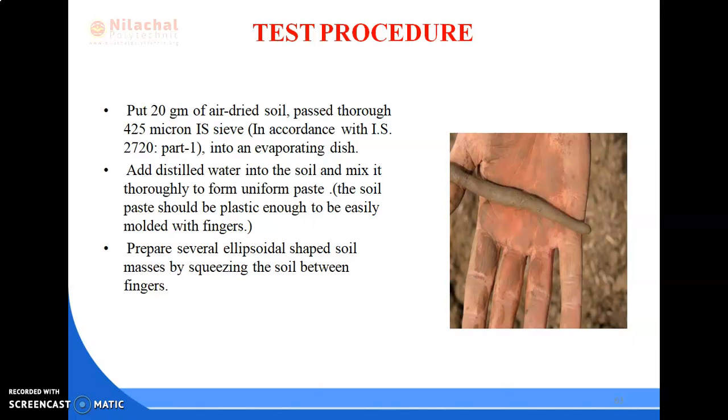Test procedure. So here we have to take 20 gram of air dried soil, not the oven dry, normal air dried soil, passed through 425 micron IS sieve into an evaporating dish.